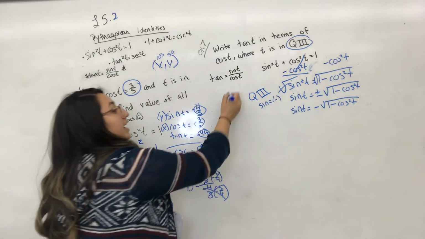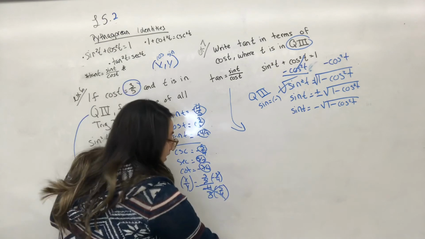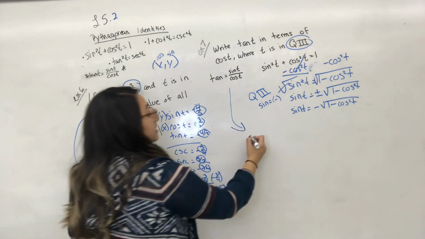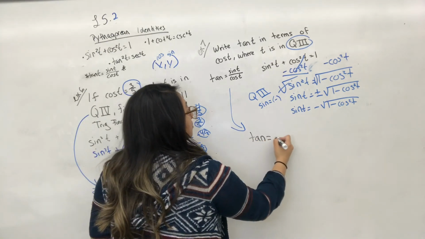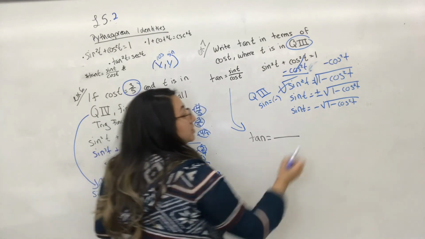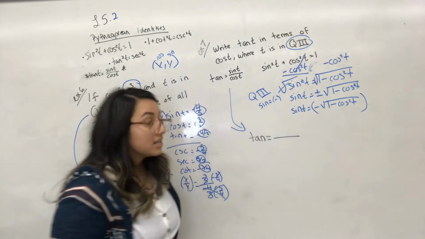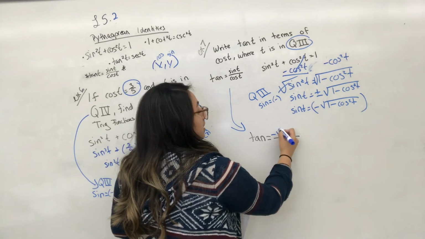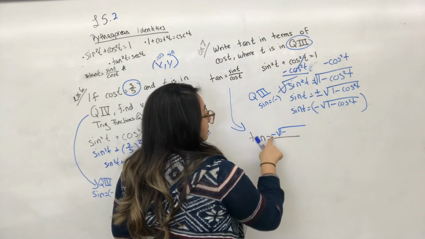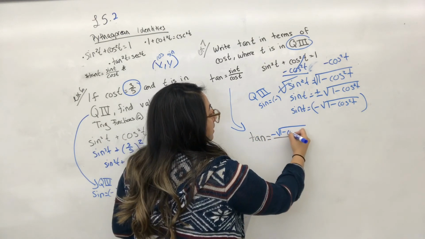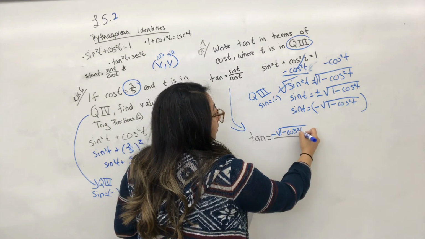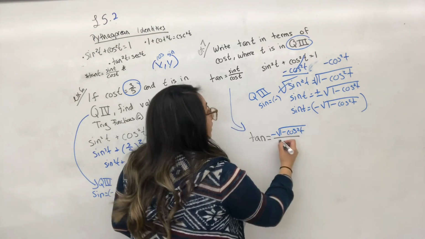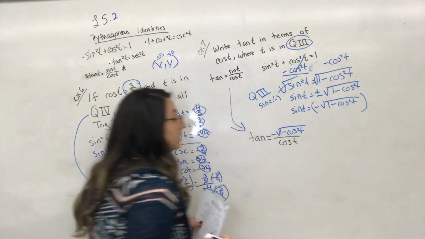Now, we can go ahead and look back at this definition. We have the tangent is equal to sine, which, what we discovered, is negative the square root of 1 minus the cosine squared of t, over cosine of t.